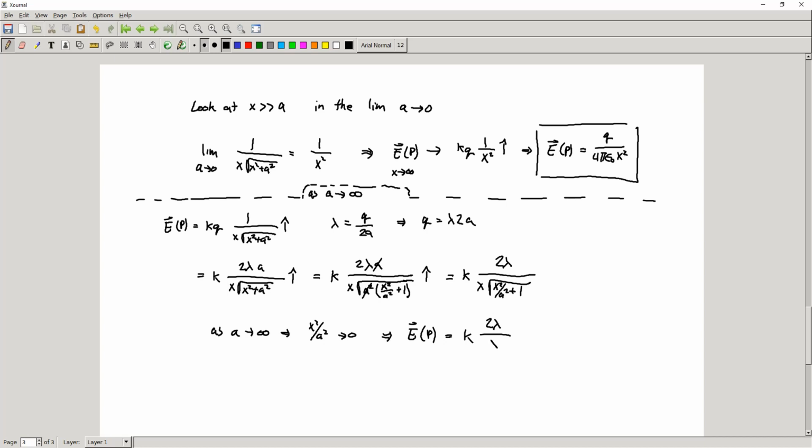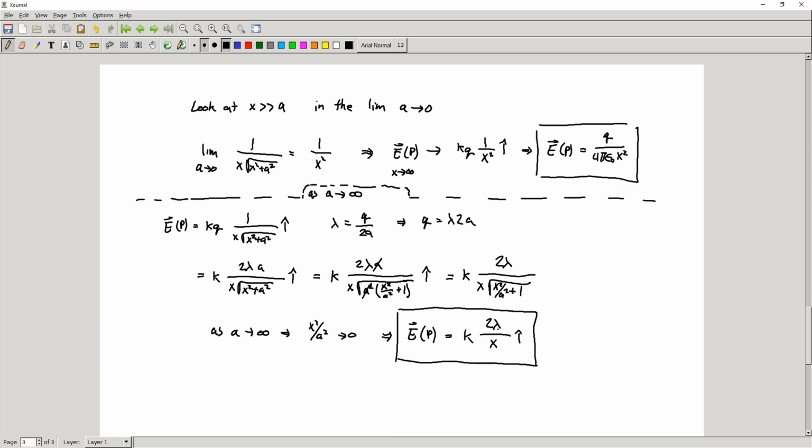And in the basement, we only have an x left, right? So this is the expression for the electric field at some point outside of an infinitely long line of charge, a line that has a charge density of lambda and infinite length, okay?